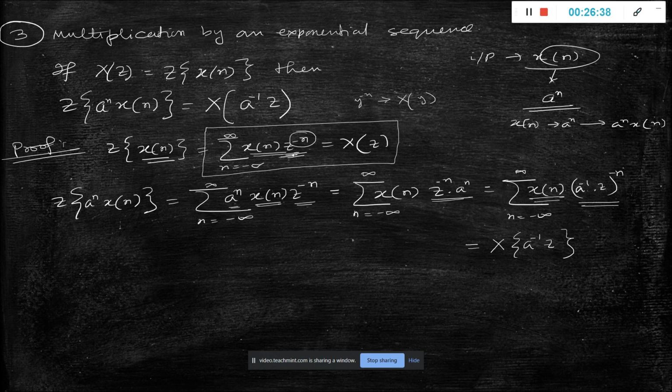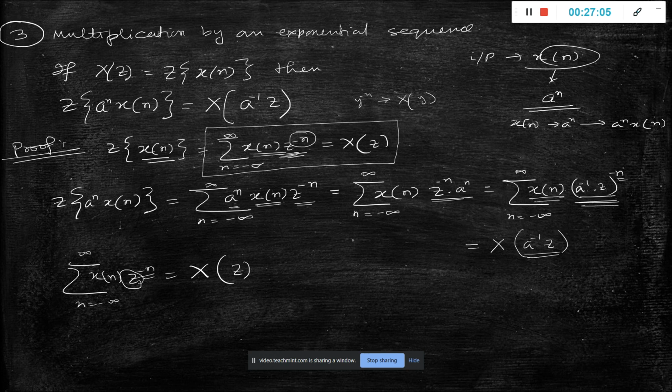ओके, सो दैट मीन्स यहाँ पे z ट्रांसफॉर्म का फॉर्मूला हम लोग कैसे लिखते हैं, n equal to minus infinity, x of n z to the power minus n. सो कैपिटल X of जिस पैरामीटर का पावर माइनस n है उसको हम इधर लिखते हैं. तो यहाँ पे देखो इस पैरामीटर का पावर माइनस n है, सो हम लोग x के अंदर इसको लिखे. तो ब्रैकेट को थोड़ा मैं चेंज कर देता हूँ, so that will be confusing for you.